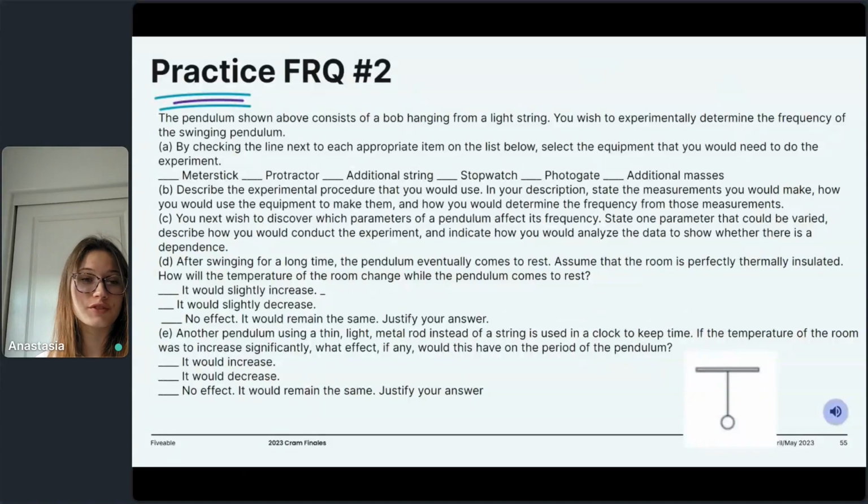And also you have to describe how you would conduct the experiment, and you would also have to indicate how you would analyze the data to show whether there's a dependence. So there's many parts to a problem. Make sure you grab all those points and try to explain every part of the problem every time you see one.